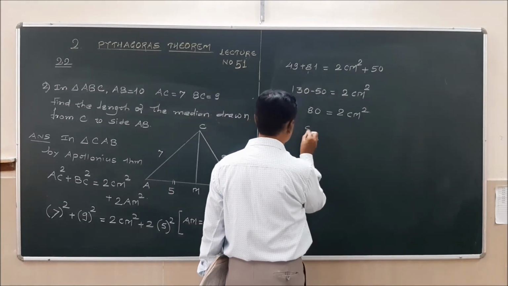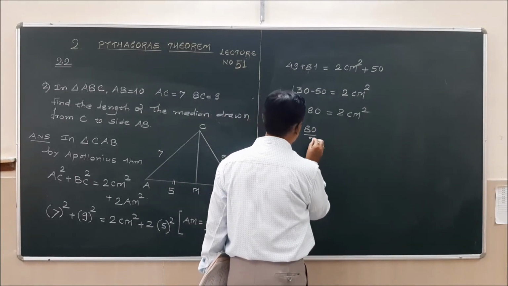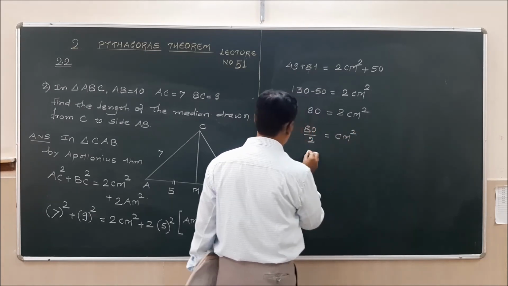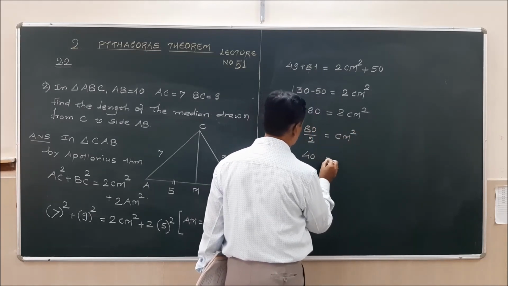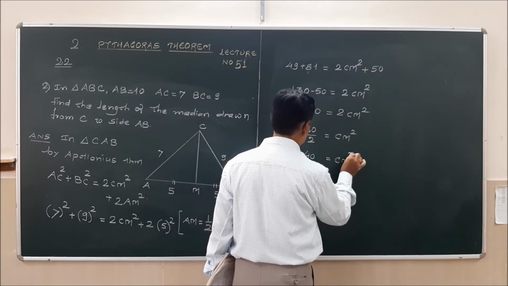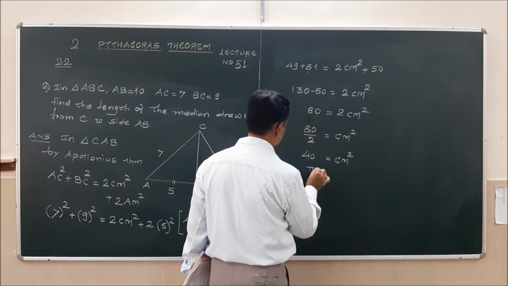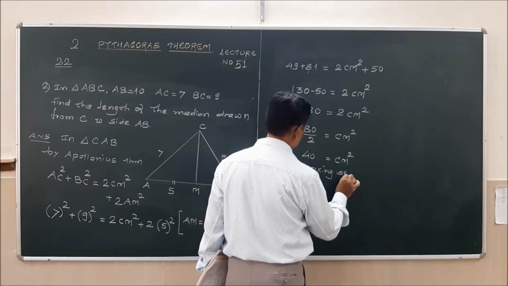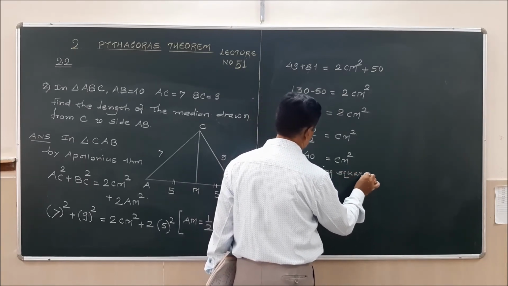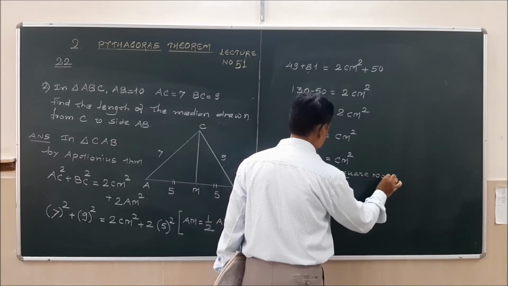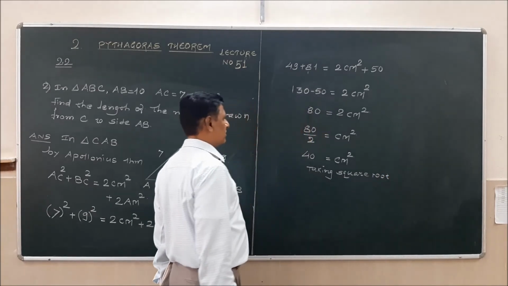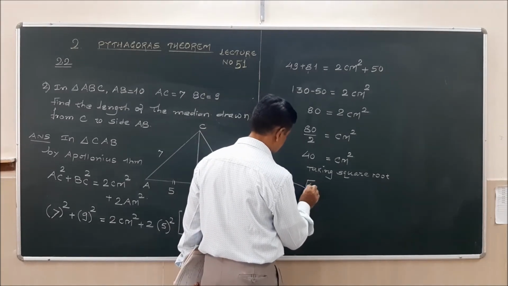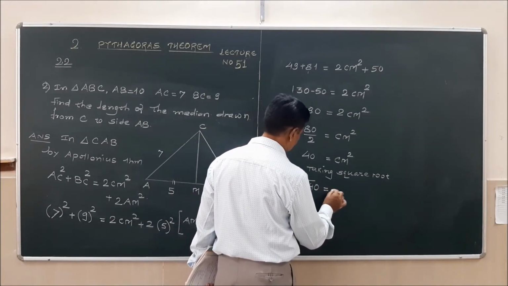Transferring to the left hand side, 80 upon 2 is equal to CM squared. 40 is equal to CM squared. Taking square root, we get root 40 is equal to CM.